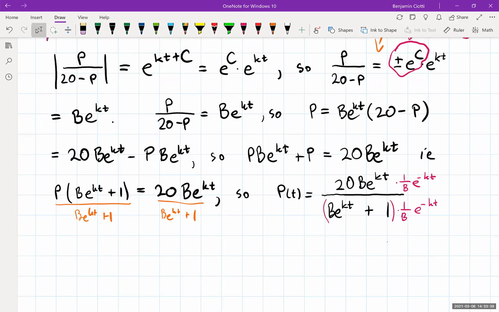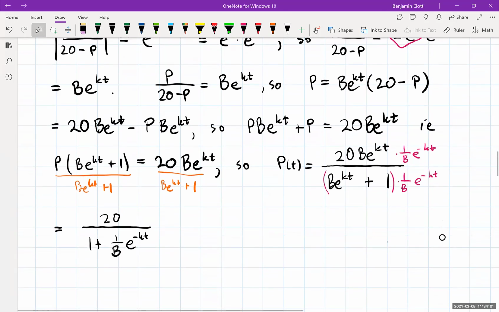So I get some cancellation on the top and on the bottom. And what do I get? On the top, I just have a 20. On the bottom, I'm going to get 1 plus 1 over B e to the negative kt.